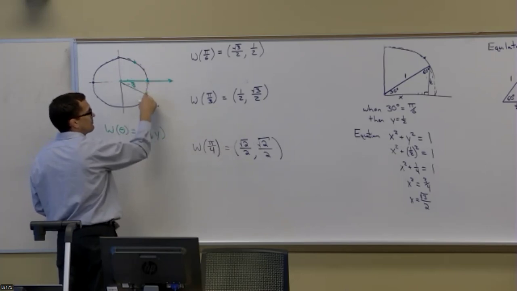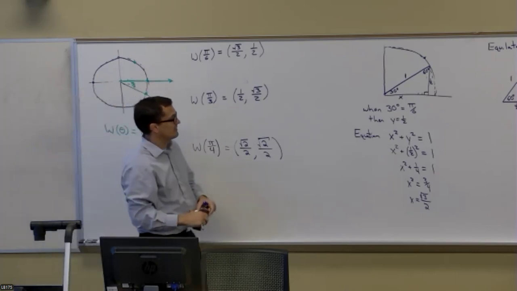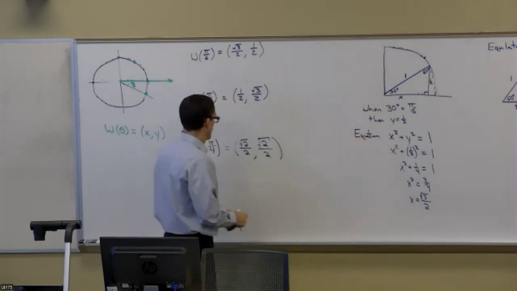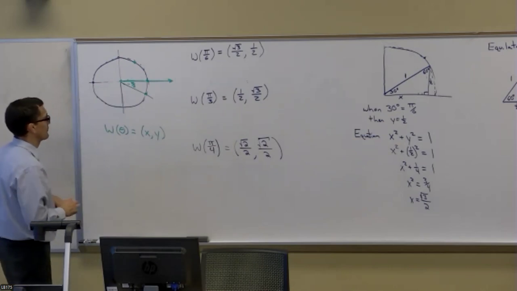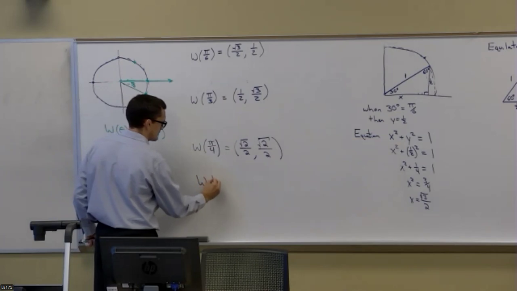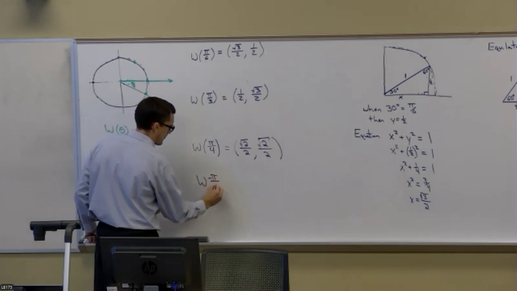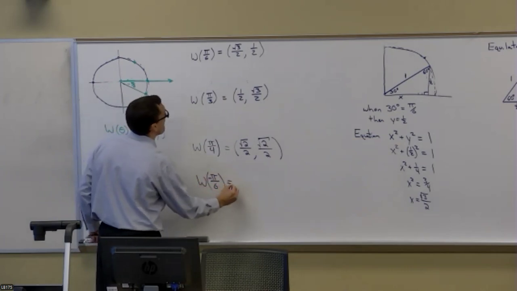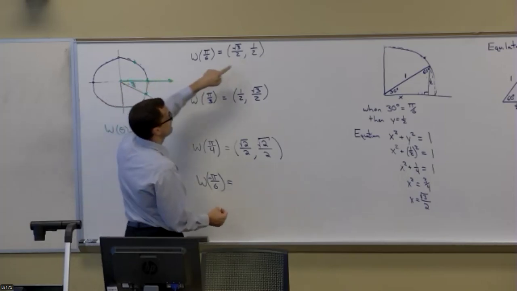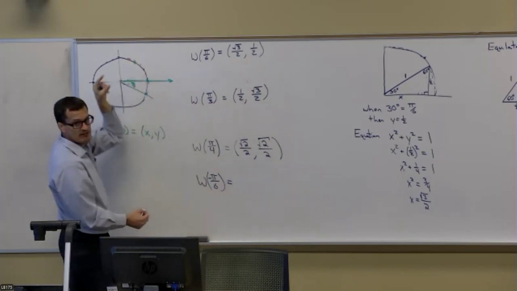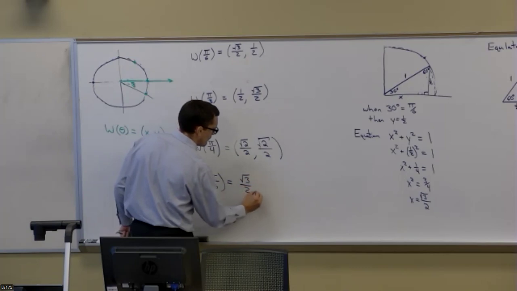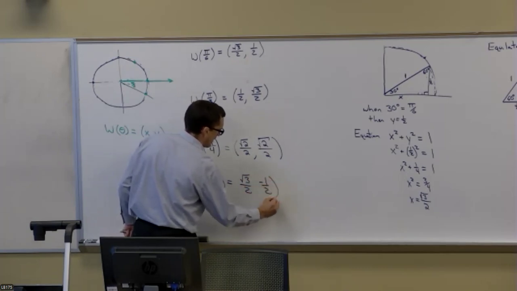The y value is going to be negative, but it's going to be the same process, right? So if I wanted to do a wrapping function, for instance, of negative pi over 6, I just have to keep the same x value, still positive, but negate the y value. It's going down instead of up. So that's going to be root 3 over 2 and then negative 1/2.